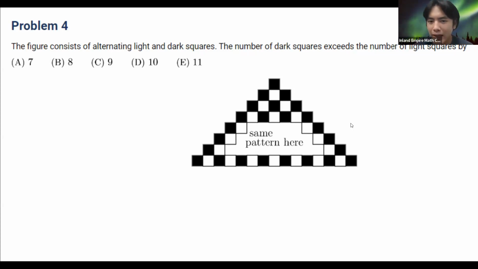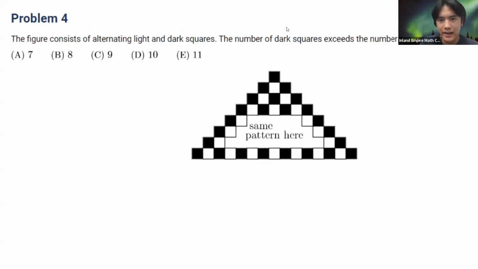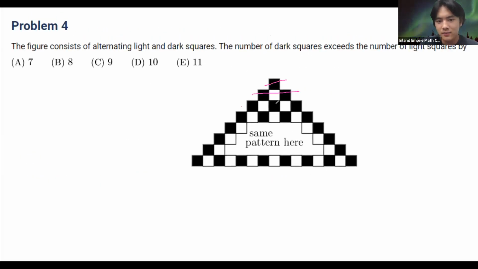But I guess a way to rephrase what Liming just said is that if you look at each row like this, you'll notice that in each row, there's exactly one more black square than there are white squares, right? For example, look at the first row, there's 1 black square, 0 white squares. So there's 1 more black square.